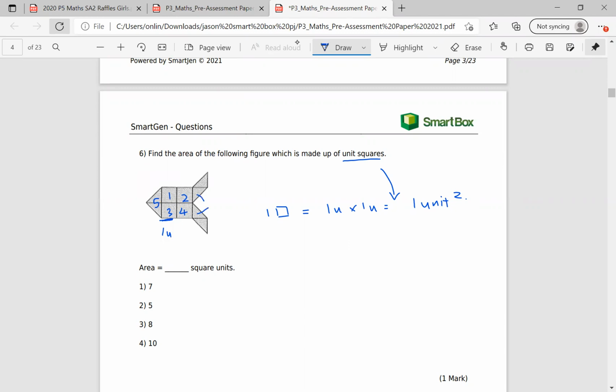And then these two together are our 6th square. And then these two together are our 7th square. So in total we actually have 7 squares. So 7 times 1 unit square is equal to 7 unit square. So the answer for this one is also number 1.